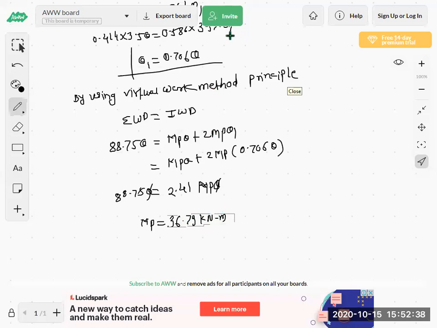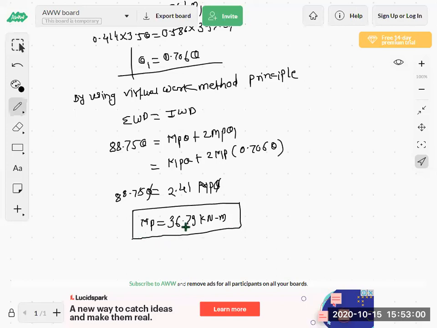Correct? Others please. Is this correct? 36.79. Okay, 36.79 is MP.